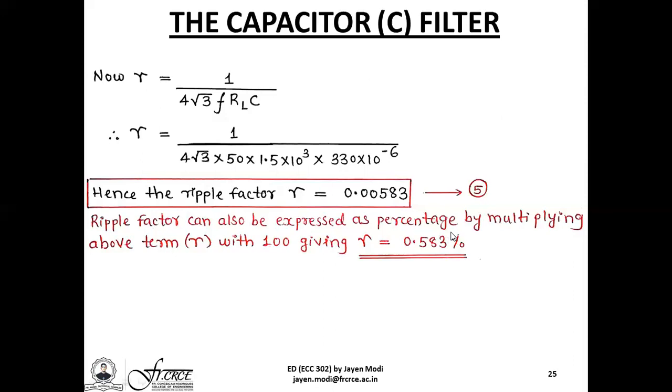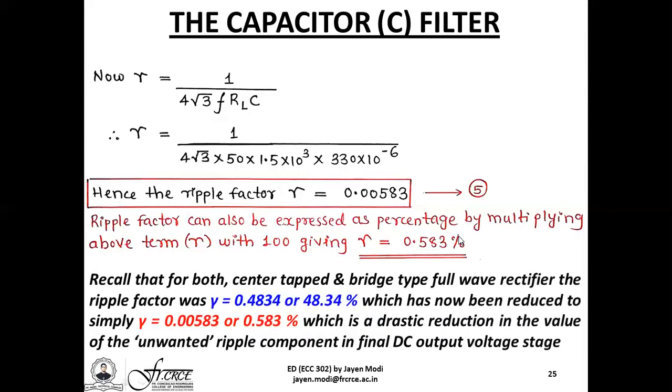Now, what is the physical significance of getting gamma is equal to 0.583%? Well, recall that for both the center tap and the bridge type rectifiers, the ripple factor gamma was 0.4834, or it was 48.3%, which has now been drastically decreased down to simply gamma is equal to 0.00583.